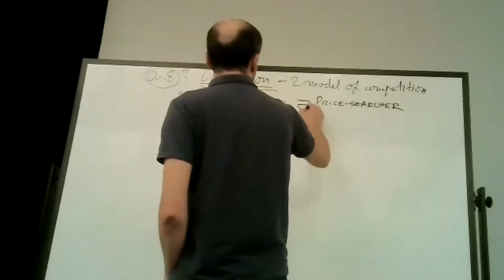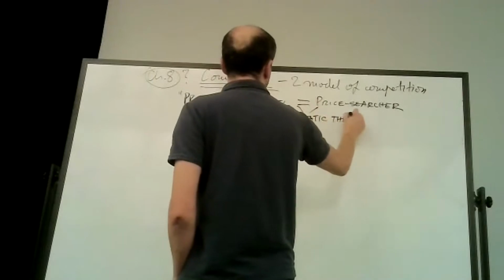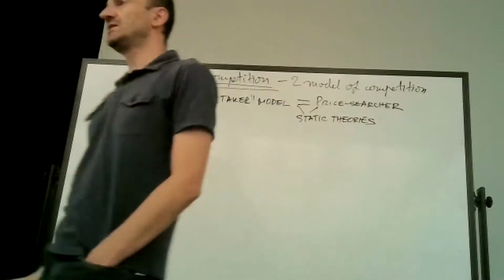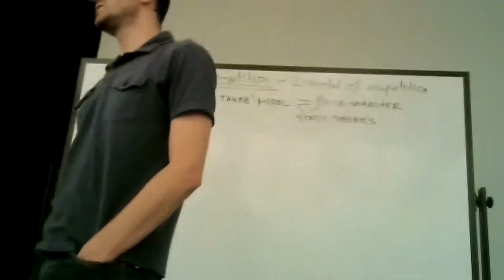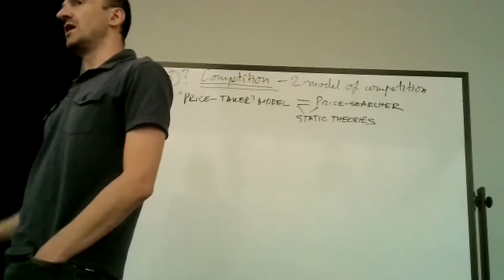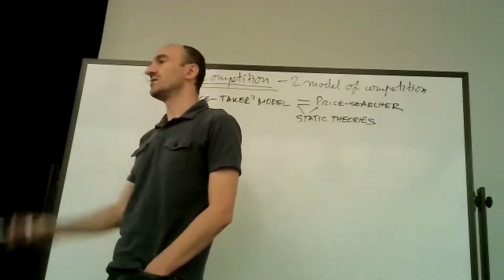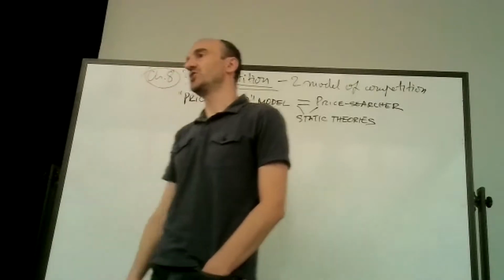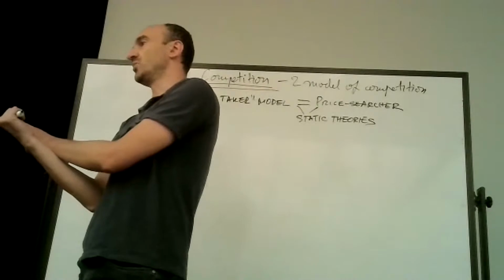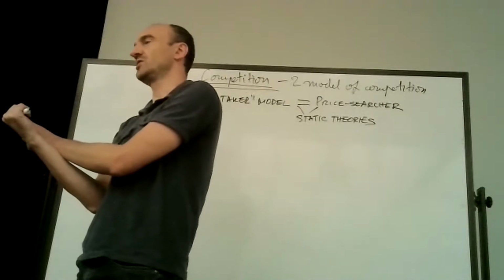So these two are static theories of competition. What static theory means in this context is that we assume that the conditions and the environment within which the competitive process is taking place are given, unchanged. Technological recipes and ways of producing things are by and large given and unchanging.